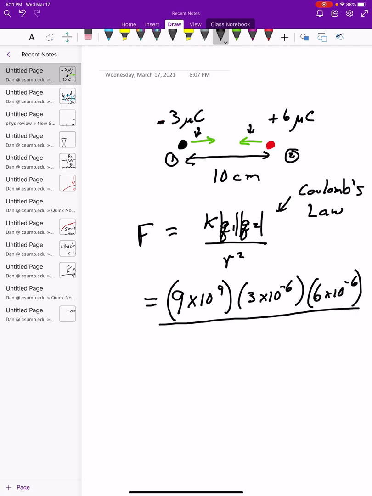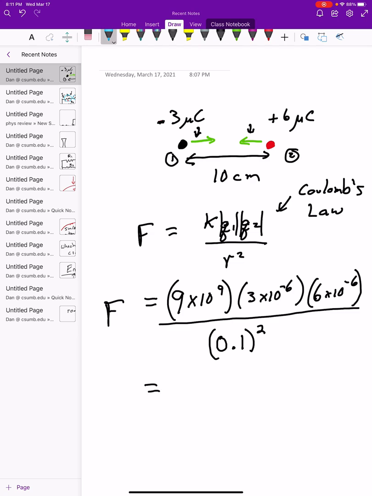Divide that by the distance between them squared. Now I want the distance in meters. A centimeter is 1/100th of a meter, so 10 centimeters is 1/10 of a meter. So I want to take 0.1 meters, and I want to square it. And that's how I'm going to solve the problem for finding the force that each charge experiences. It's that equation.